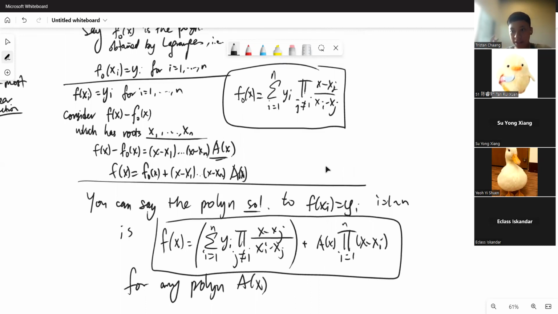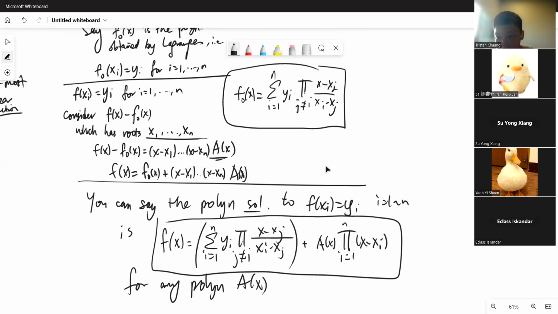Is that clear? I probably should use a different notation for this. I could just let g(x) be the most general solution, but here I'll use f naught x because it's a fixed, single one, the one obtained by Lagrange. Given that answer by Lagrange, how do we construct the most general one?